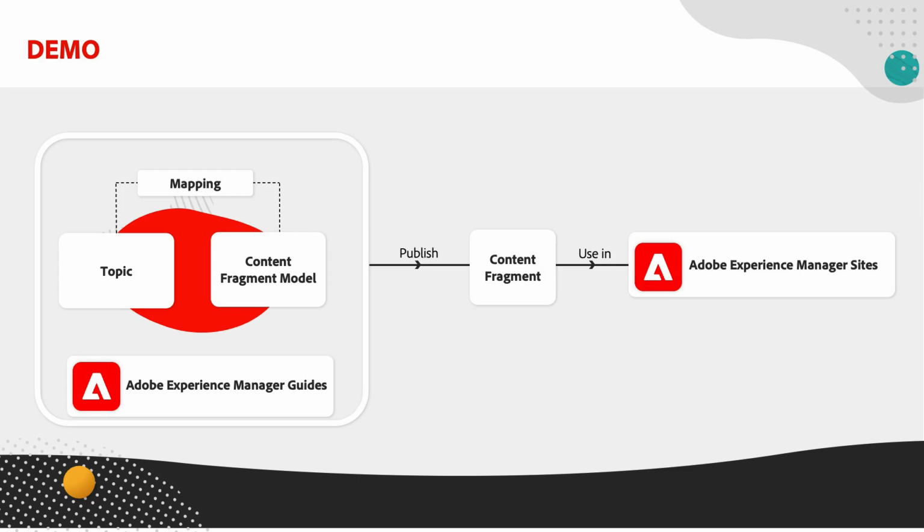So with these five basic elements in place, while I showcase this demo, I'll be using these terms very often. I just wanted to make sure that you are clear with these basic elements of this capability. So let's just jump into this exciting demo.